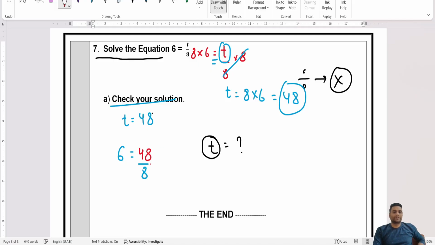Okay. So we just have to do divide. After dividing, if I get 6, then my answer is correct. So 8 times how much gives you 48? 8 times 6 gives you 48. So here also I got 6. Here also I have 6. Then my answer t equals 48 is correct.